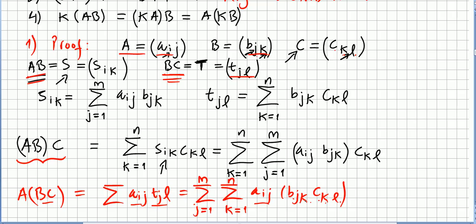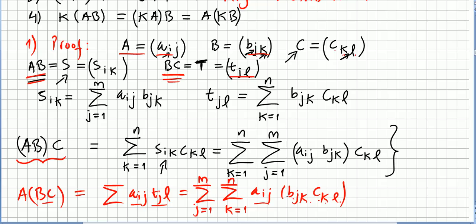As you can see, this double sum of Aij times Bjk Ckl is equal to Aij Bjk Ckl, because the product inside the sums is totally associative.